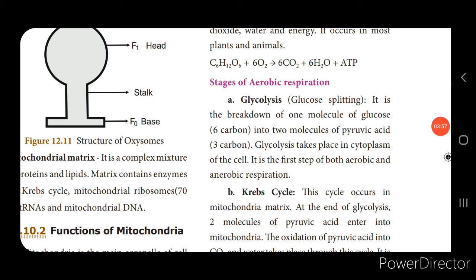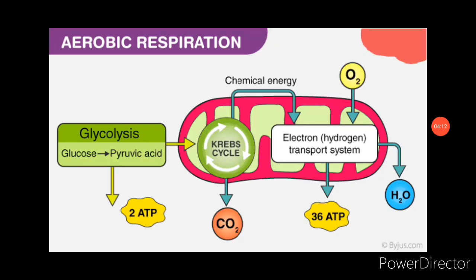We are going to deal in detail with the stages of aerobic respiration. There are three different stages, so we are going to see the stages of aerobic respiration one by one. Now look into the picture, children. There are three stages in aerobic respiration.